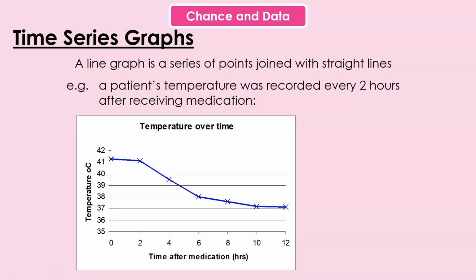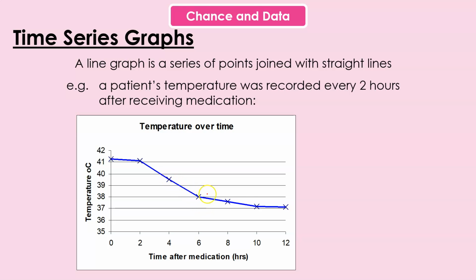So each point records their temperature. Their initial temperature at 0 is 41.5, 41.2. Then after 2 hours of receiving the medication, they get to 41.1. Then we end up with, after 4 hours, 39.5.